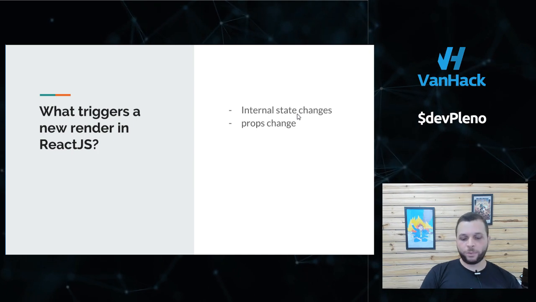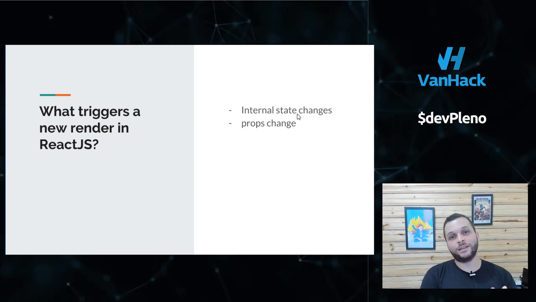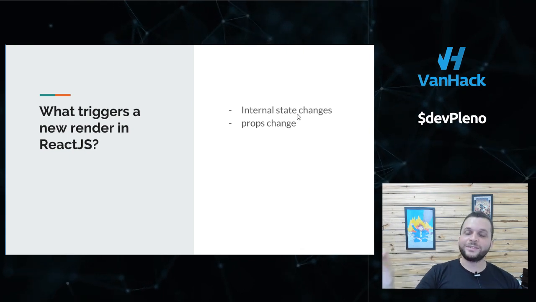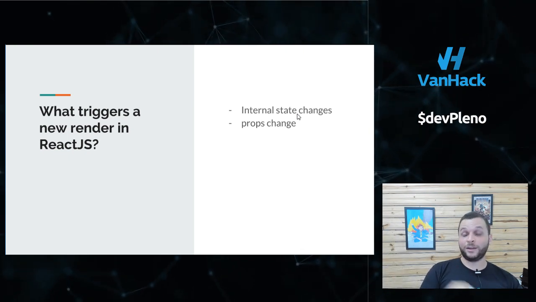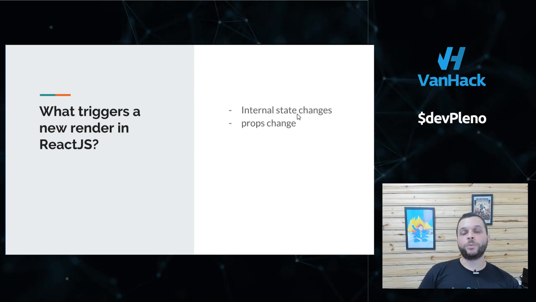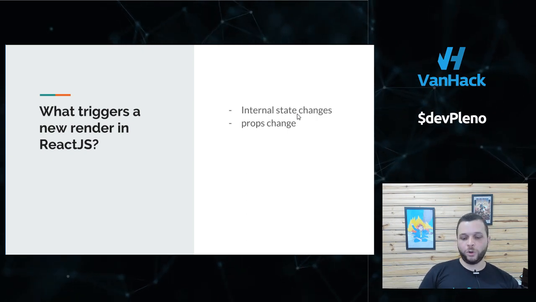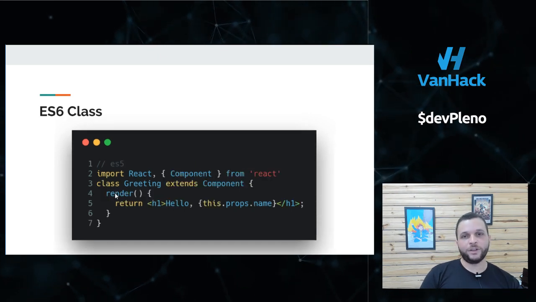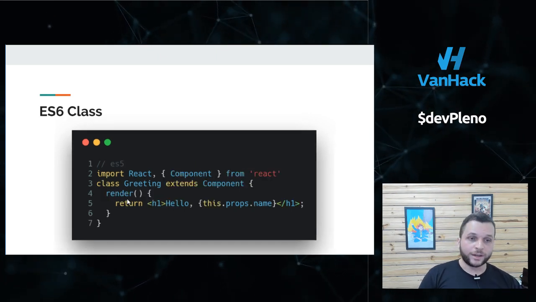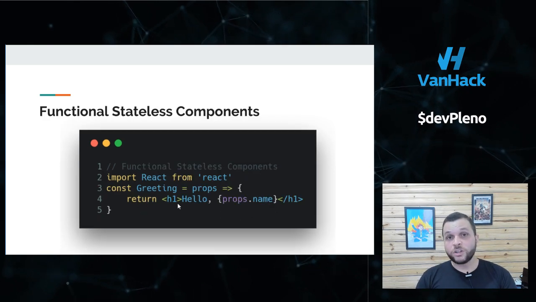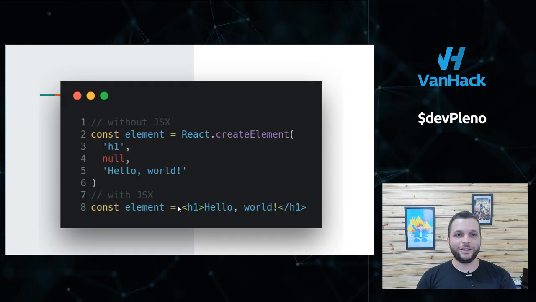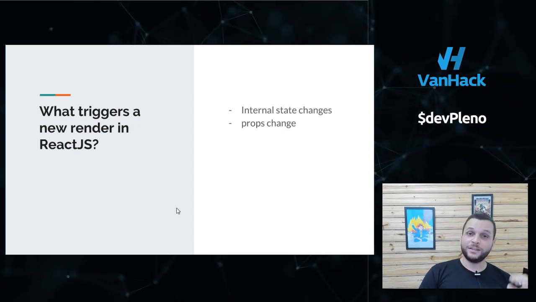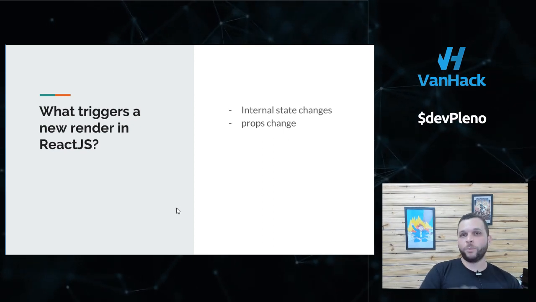When we create a component using an ES6 class, and we create an internal state inside it, and we mutate this state, the component will re-render. So we call render again, or we call this function again. Every time that we have an internal state change, this will trigger the update of the component.